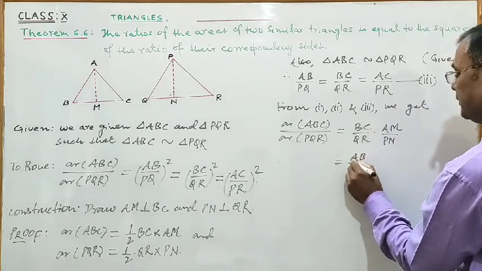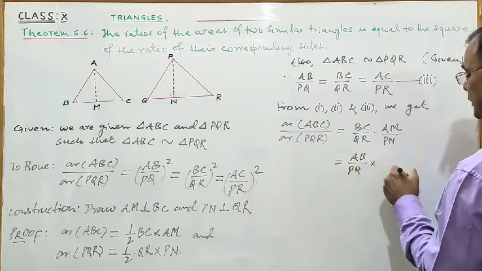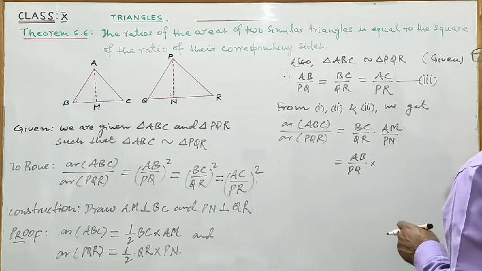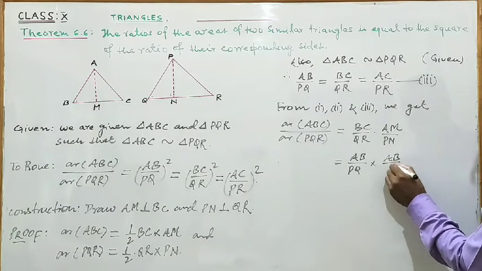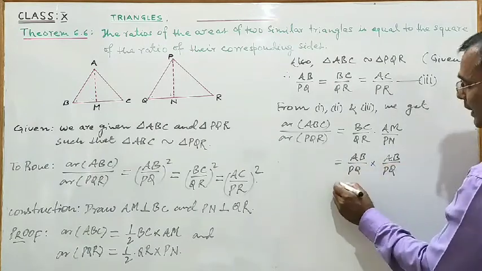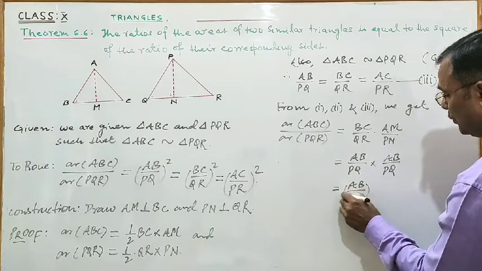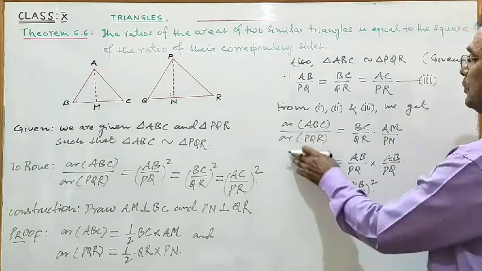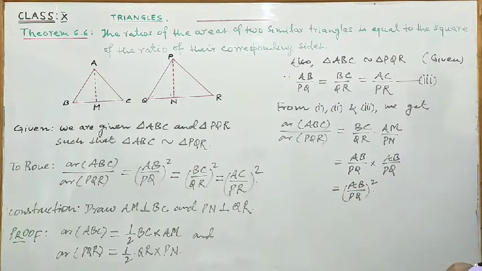So AB by PQ into AM by PN, which is also equal to AB by PQ. So AB by PQ into AB by PQ is equal to AB by PQ whole square. So area of triangle ABC by area of triangle PQR we have proved equal to AB by PQ whole square.